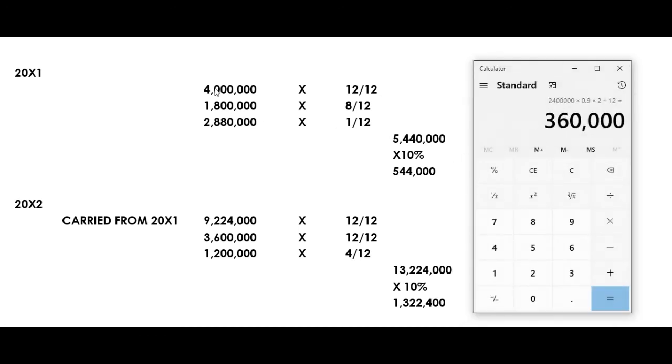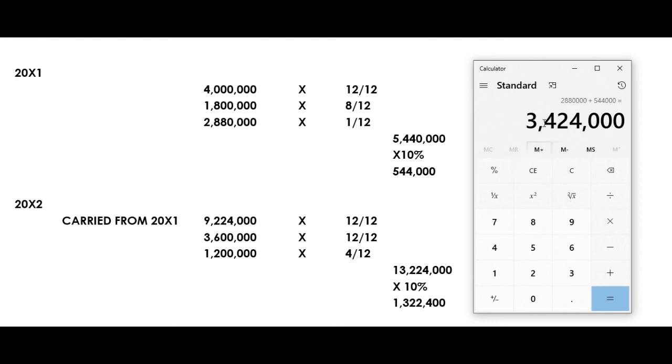Ang gagawin mo, kunin mo lahat ng nagastos mo. Hindi na siya based on 12 over 12, 8 over 12 kasi as of 20x2, yung mga nagastos mo ng 20x1 is already at their actual amount na. Kasi assume na it is outstanding for the entire 20x2 na. Kaya ang gagawin mo, 4 million plus 1,800,000 plus 2,880,000 plus 544,000. Okay? Yun yung borrowing cost.